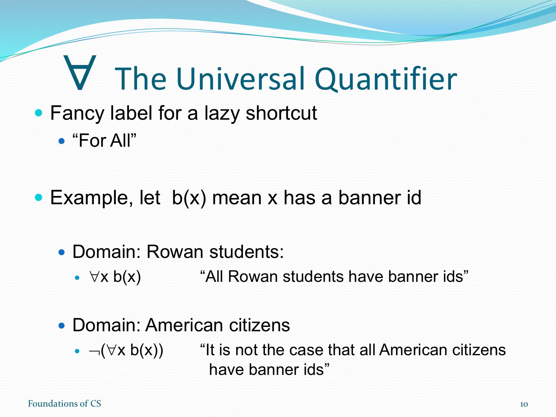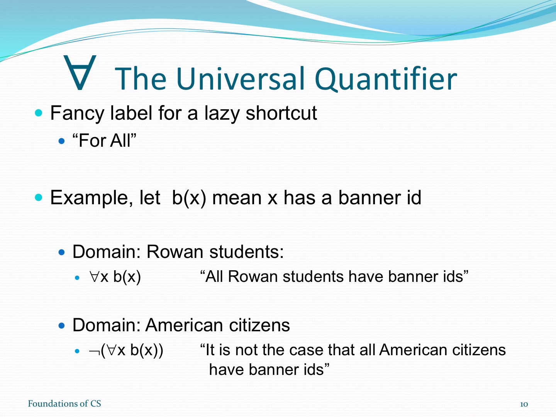So now we get into some fancy notation. We call this the universal quantifier, this upside down A, and it's really just a lazy shortcut for all. So if my domain is Rowan students, and B of X means X has a banner ID, just like it said this whole time, I can say for all X, B of X. And this expression here means all Rowan students have banner IDs, because no matter what X you pick in your domain, for all of them, this is going to return true.